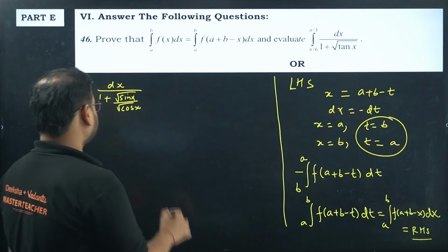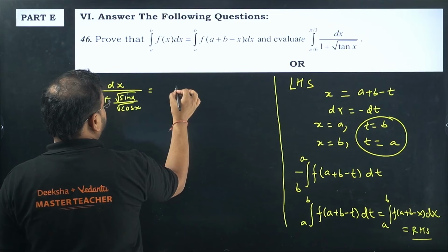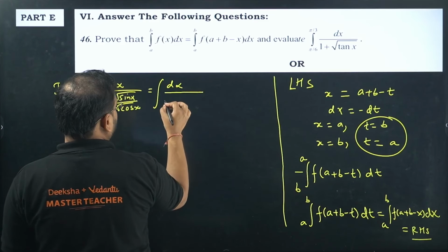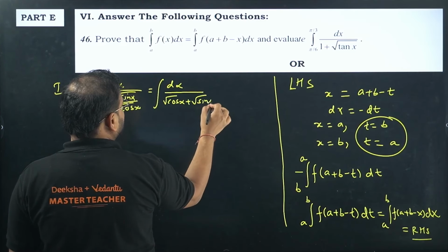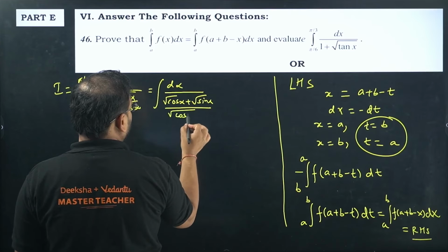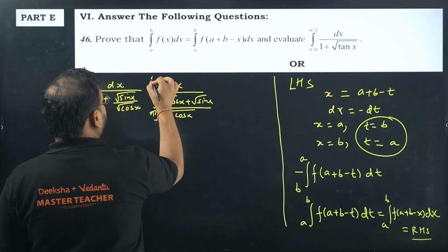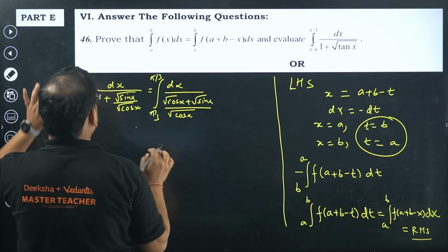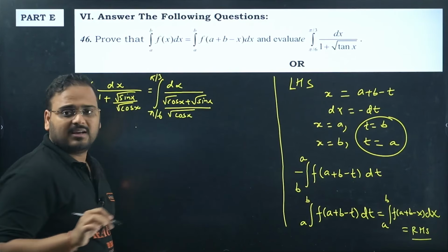So I can take the LCM, and I'll get the integration again, of root cos x plus root sin x upon root cos x, with the limits pi by 6 to pi by 3.